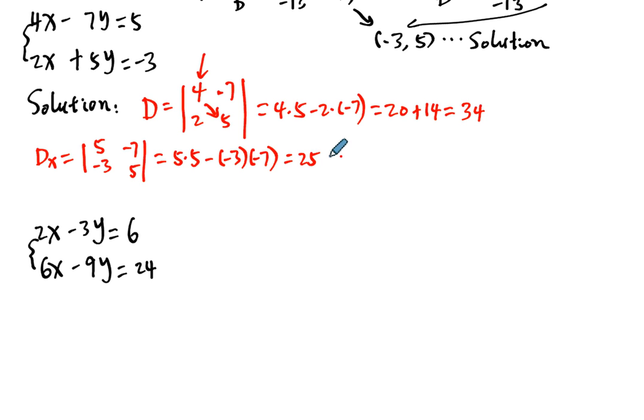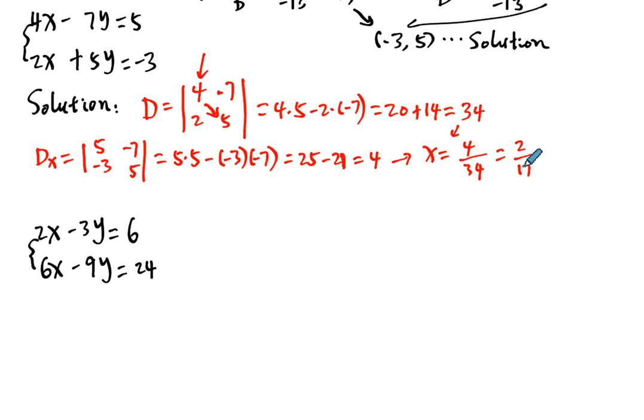That's 25 minus 21. It gives us the value 4. So you can immediately find x, which is 4 over 34, which is 2 over 17.